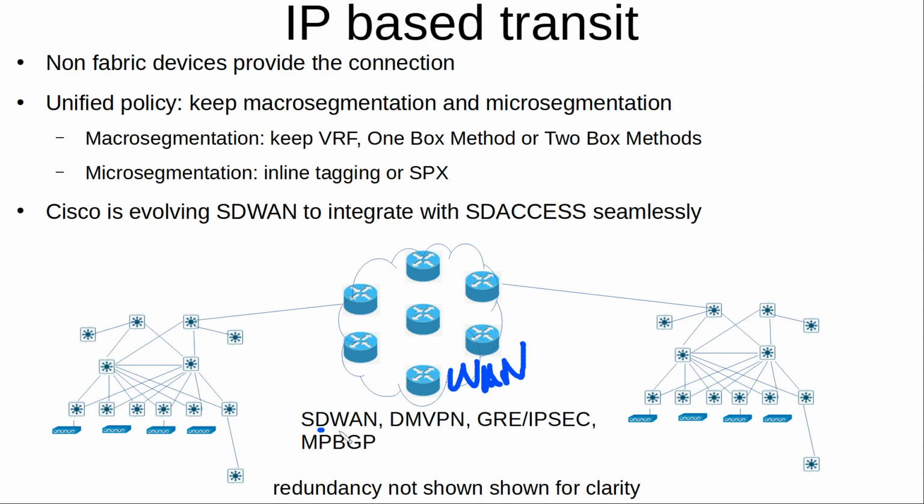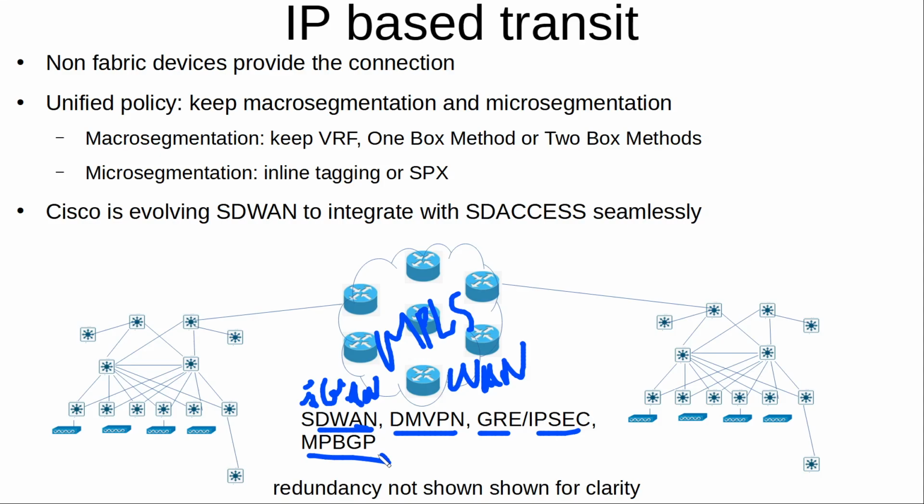And we can have an SD-WAN, a Cisco IWAN, a DMVPN solution, we can create GRE or IPsec tunnels, or we can have a carrier let us communicate these two sites through multi-protocol BGP.